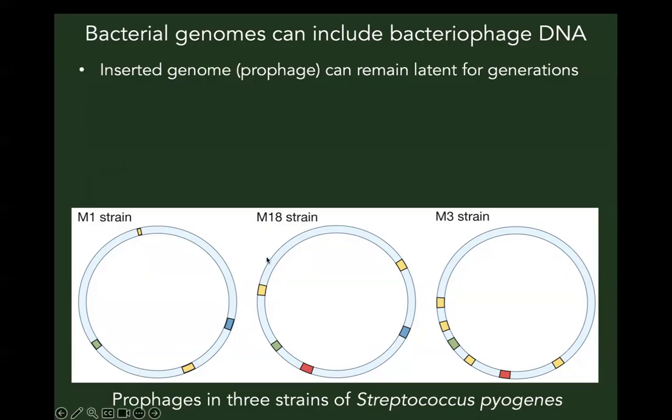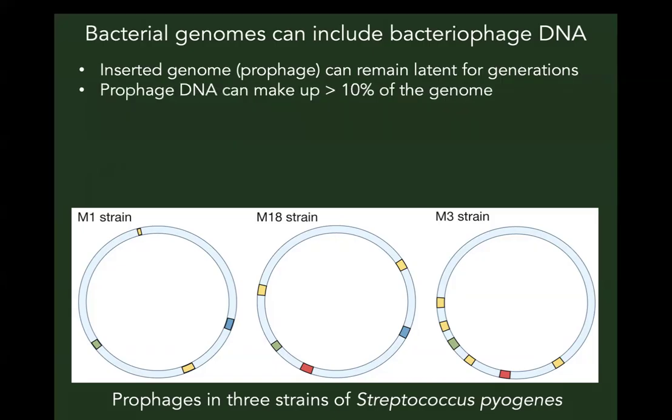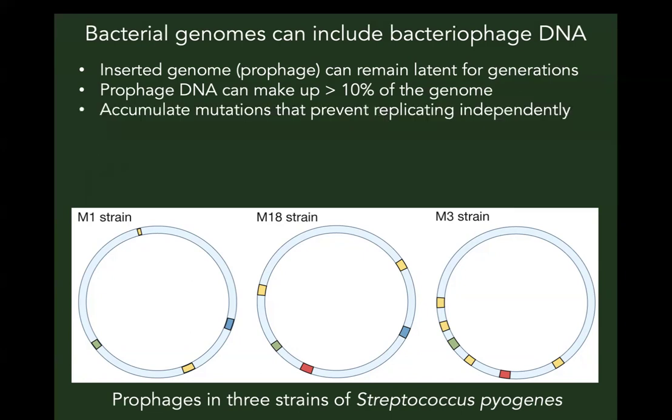So these little inserted prophages, or little bits of the genome of the bacteriophage, can remain latent for generations. So they just sit there in the genome, and the bacteria is going about its business, copying itself, and the prophage just gets copied along with it. And so prophage DNA can make up to 10% of the genome of a prokaryote like a bacteria.